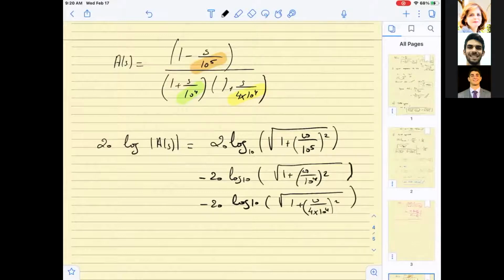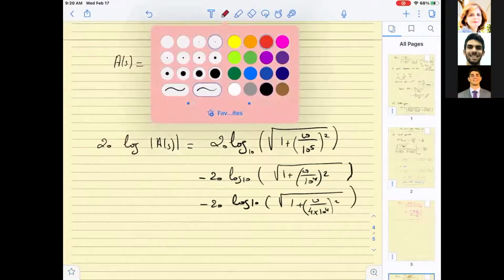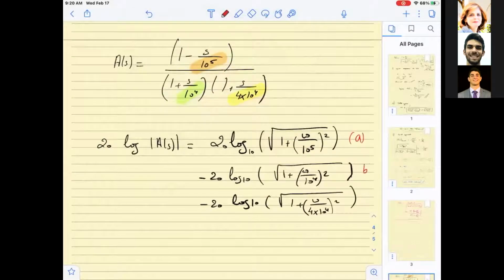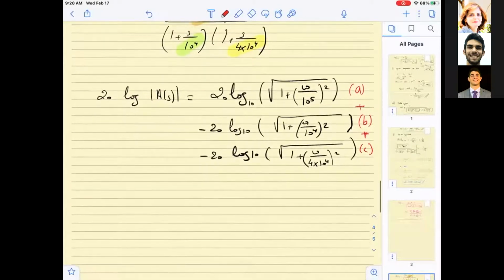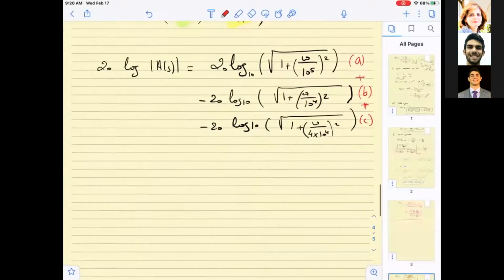Okay, so I have three terms here. Those three terms are A, B, C, and I'm really adding them up to obtain the magnitude of A of s at any frequency omega.